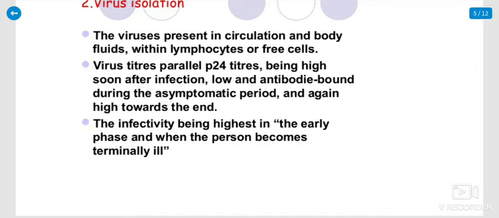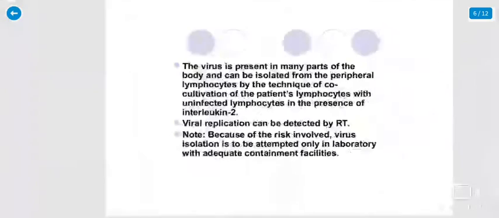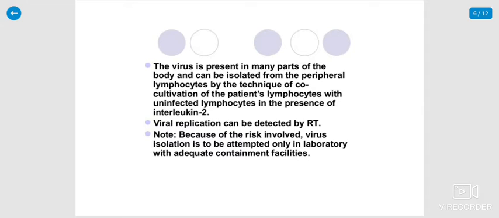The infectivity is highest in the early phase, and when the person becomes terminally ill, this is the highest phase for viral isolation. The virus is continuously present in many parts of the body.